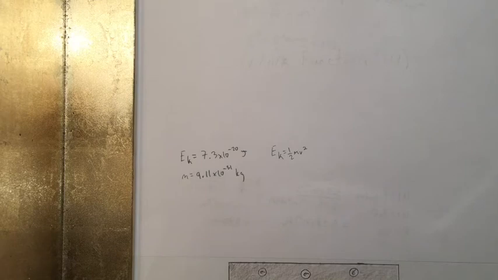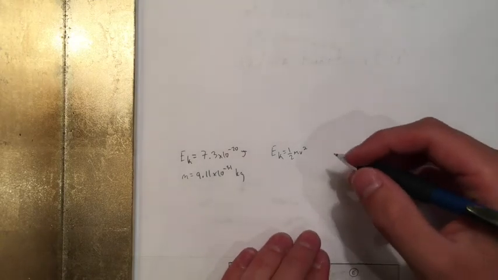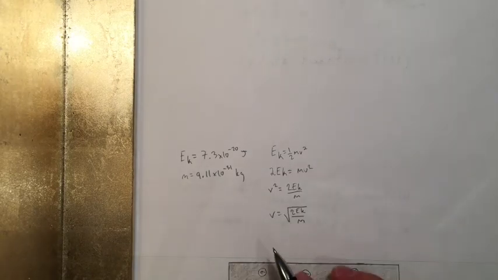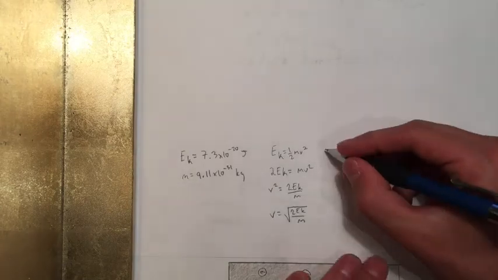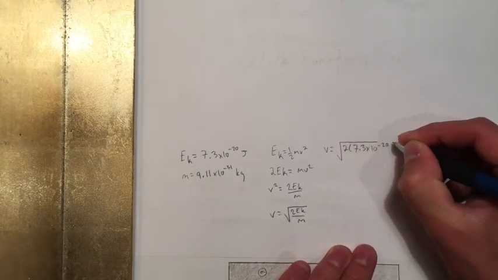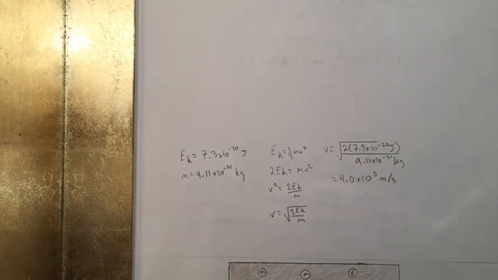We can rearrange this and solve for v. Once we rearrange this, we can find that the velocity is equal to the square root of 2 times the kinetic energy divided by the mass. Once we plug in all the values, we can find that the speed of the electron emitted when blue light is shone on the metal is equal to 4.0 times 10 to the 5 meters per second.